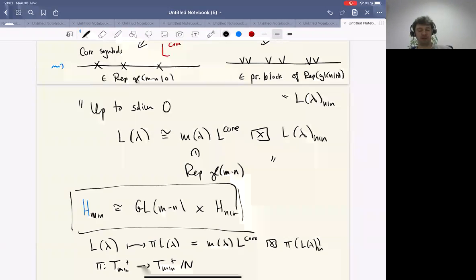So in other words, when you want to determine the semisimplification, you can completely pass to this case where M is equal to N.